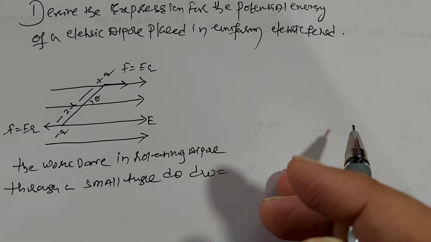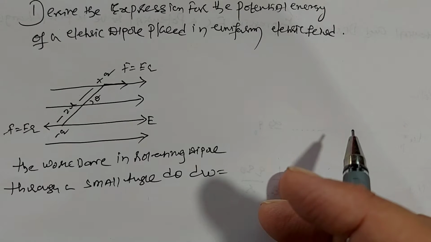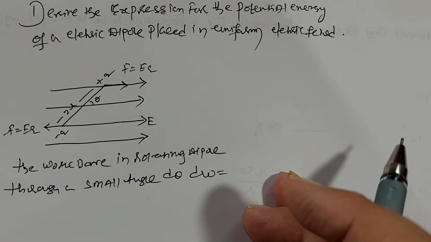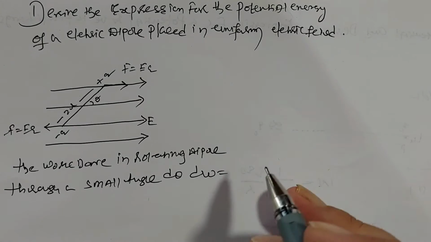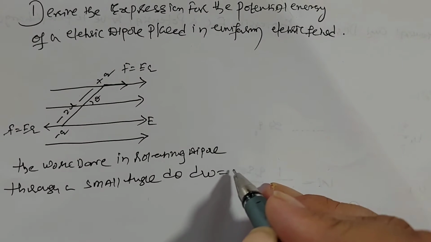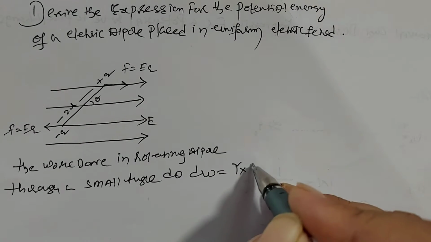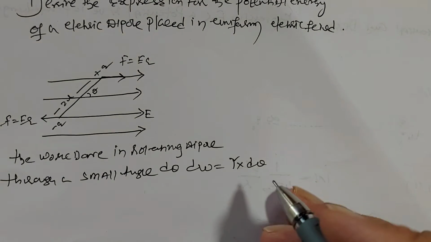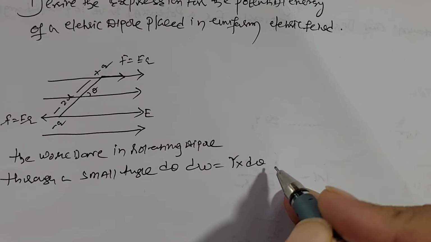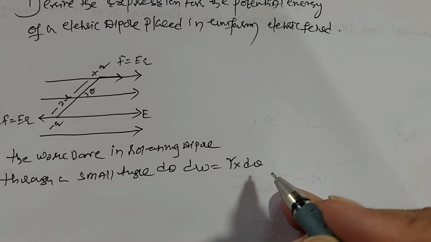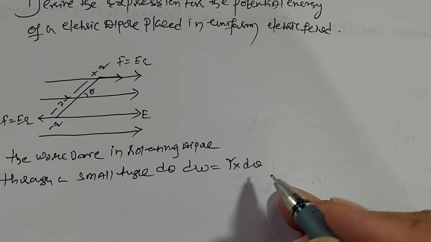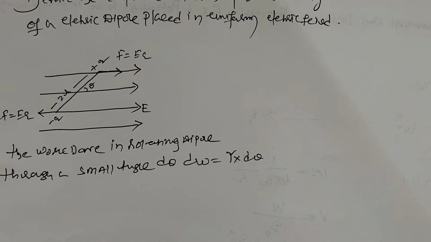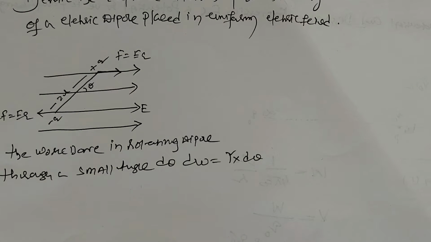Generally in mechanics we use force into displacement, but this is rotatory motion. In rotational mechanics we use torque into angular displacement. So dW is equal to tau into d theta. This is the small amount of work done in rotating the dipole through a small angular displacement d theta.